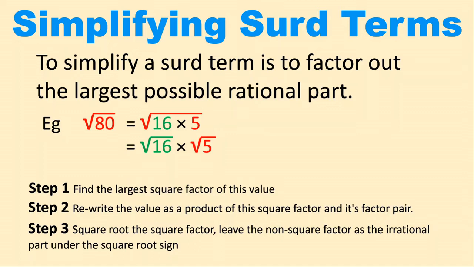So this will simplify to be 4 square root 5. The 5 couldn't be square rooted, so that's left as our irrational part of this surd term. Now 5 is a prime number, so I can't break it down into a square factor and a non-square factor to simplify this term any further. The square root of 80 can be simplified to be 4 root 5.